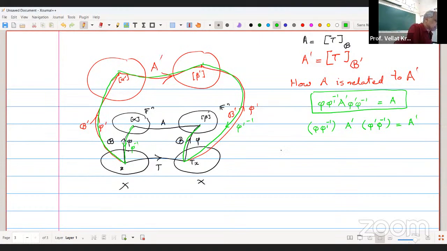Now what is this? But you see that phi prime inverse is essentially phi prime phi inverse.